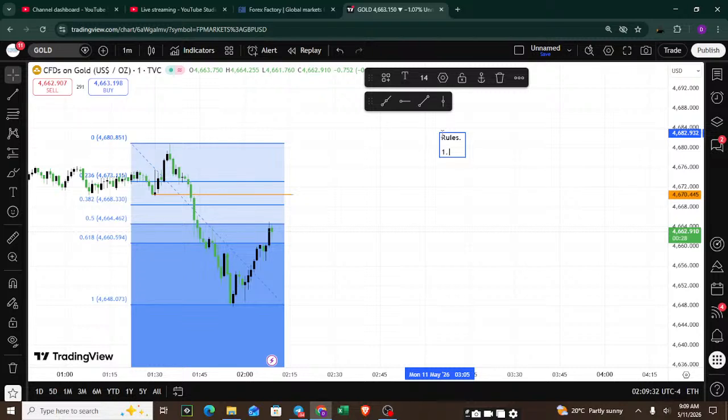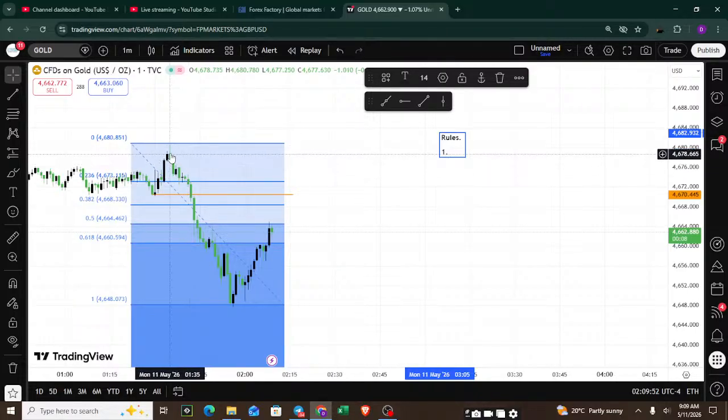If the market is ranging, then we will observe from a distance until we get a clear confirmation by price breaking either side. But before then, we shall not take any trade. But for today, we have a clear structure.